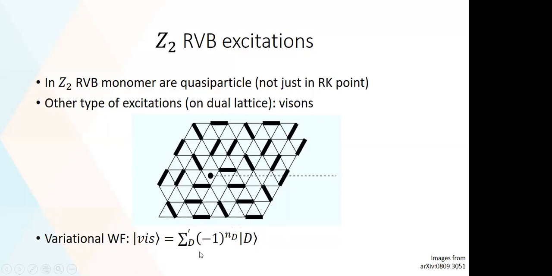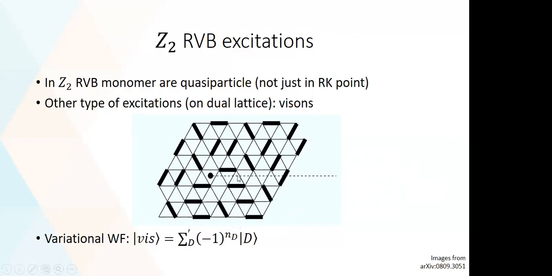And in the wave function, you have this alternating sign depending on how many dimers cross this line. No, but it has to be a function of the dimer configuration. How is it depending on the dimers? What do you mean? If I look at it, how do I know to put the vison there and not somewhere else in the lattice?